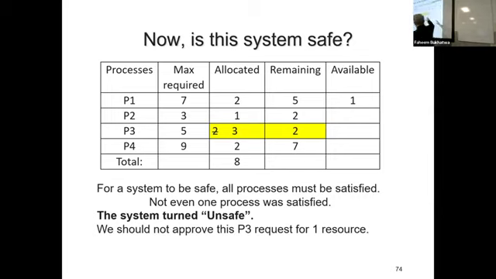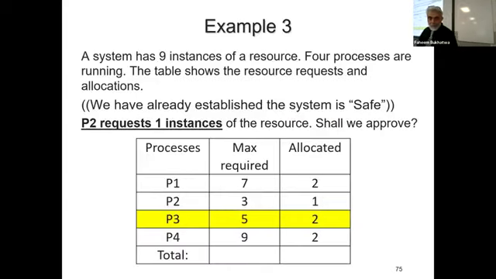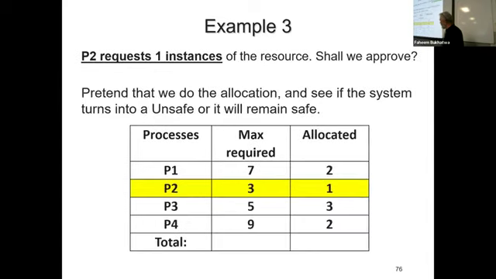Imagine if process number 2 had asked for 1. That would be completely different. Imagine process number 2 has asked for 1. This is exactly the same system. But process number 2, instead of 3, asked for 1 resource. It's safe.